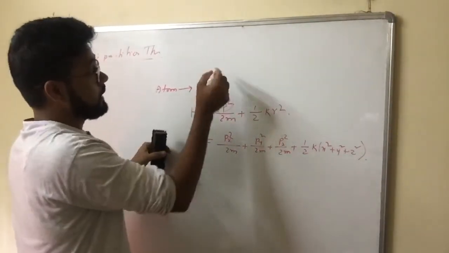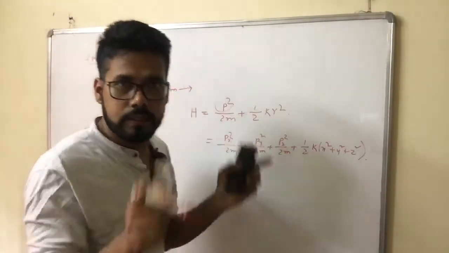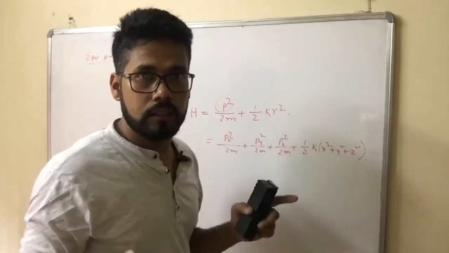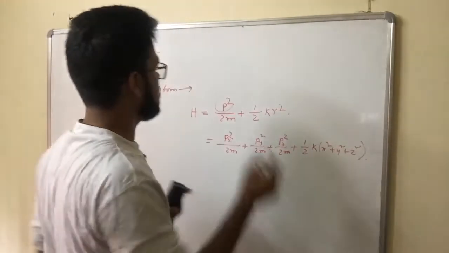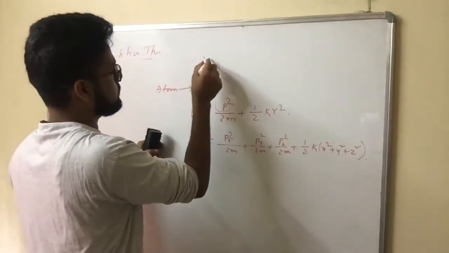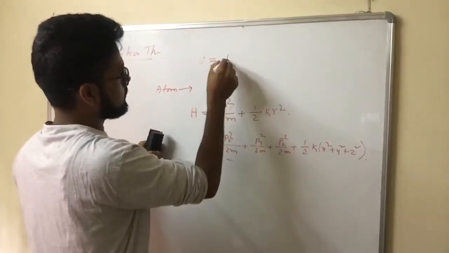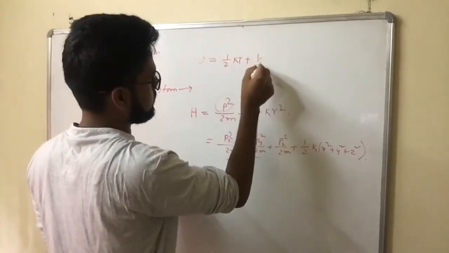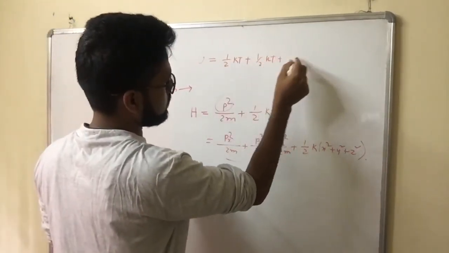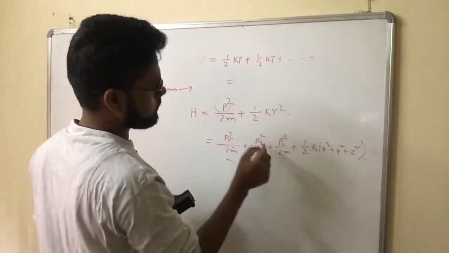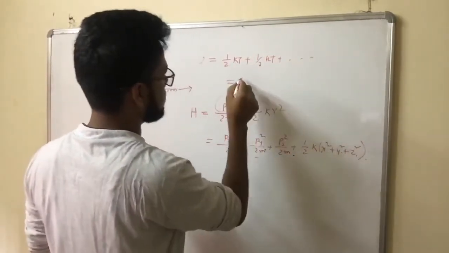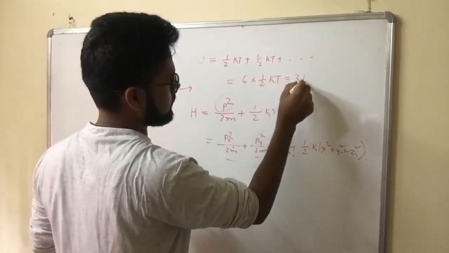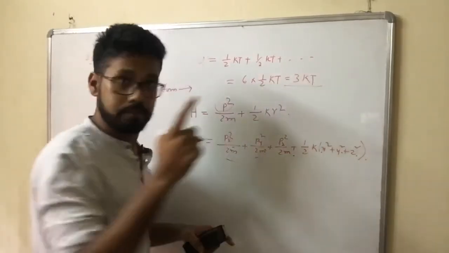According to equipartition, energy is equally distributed among all the degrees of freedom, and the energy associated with each degree of freedom will be half kT. So half kT plus half kT and so on, 6 terms. 6 into half kT equals 3kT. That is for a single atom.